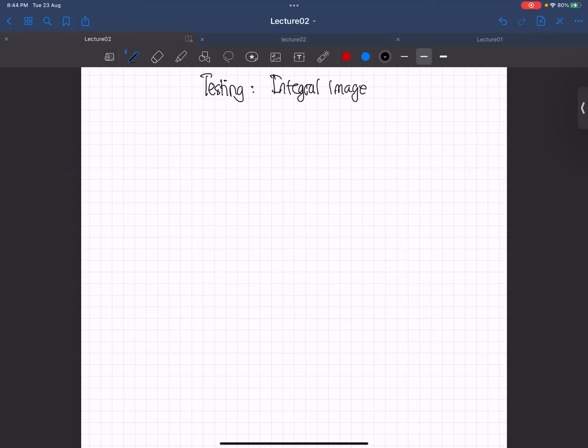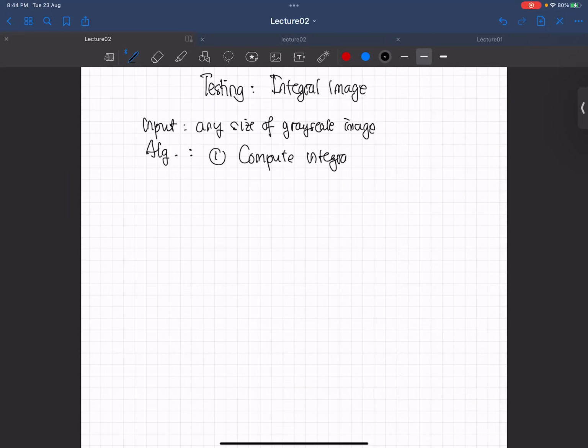So the input is the same. The input is any image, with any size. And the algorithm: first is what? Compute the integral image. That's the first step.